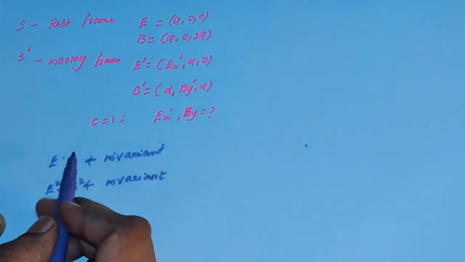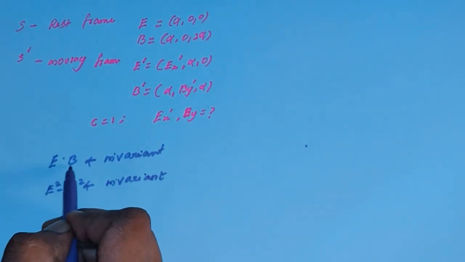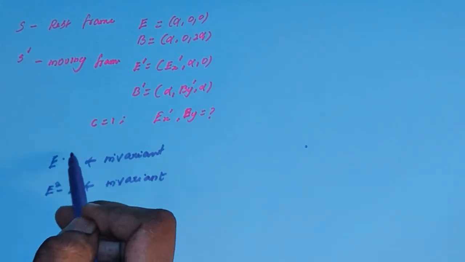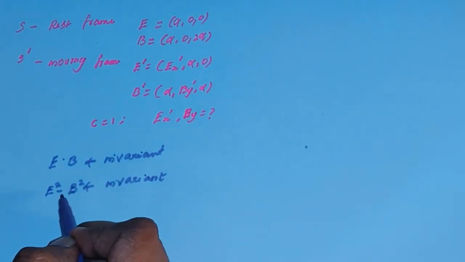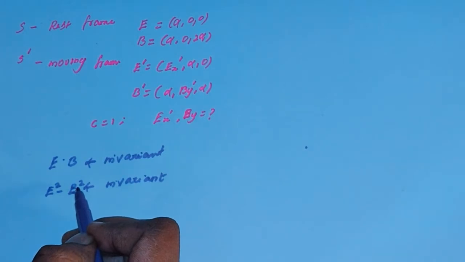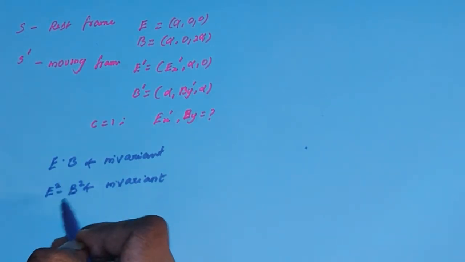If you are moving with constant velocity and take the dot product between the electric and magnetic field, it will be the same as in the rest frame. In the same manner you can interpret E square minus B square: it will be the same in the rest frame as well as in the moving frame, this quantity won't change.